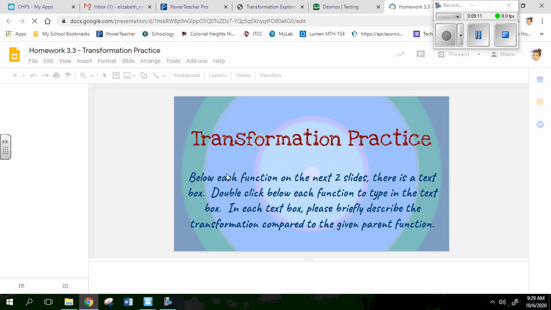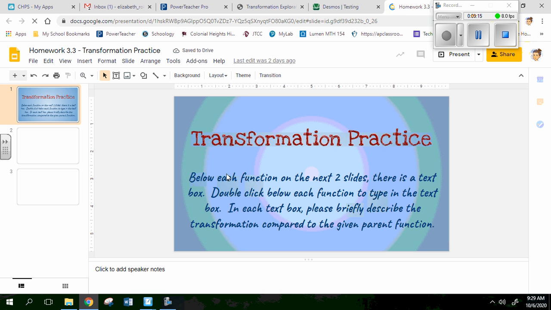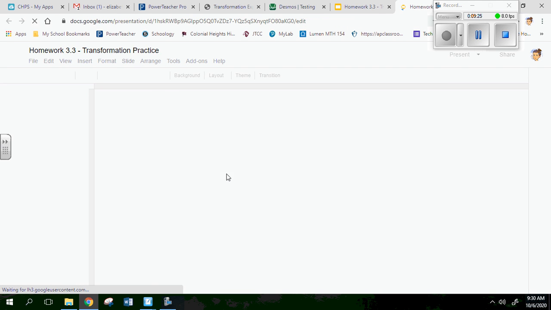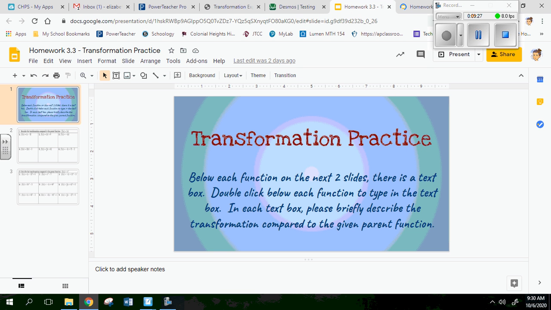Okay, so I've created a Google Slide type activity for you. When you open it, it's going to create everybody their own copy. And the first slide has the directions. Whoa, I opened it multiple times. The first slide just says below each function on the next 2 slides, there is a text box.